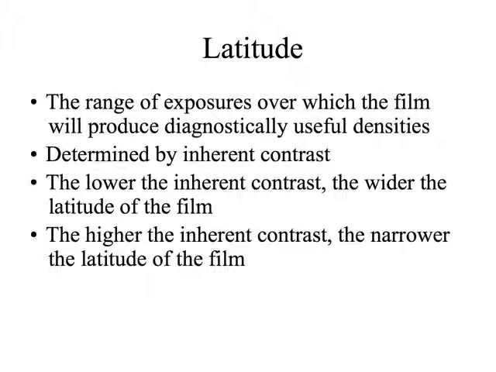That's going to be a slow film, and we'll see what that means graphically in a little bit. The higher the inherent contrast, the narrower the latitude of the film. So it's going to be a faster film, but you have to be right on the right technique, because if you deviate too much from that technique, it's going to burn the film out.